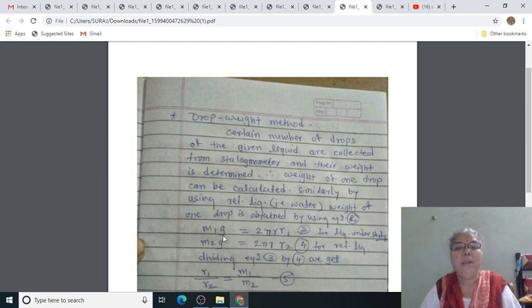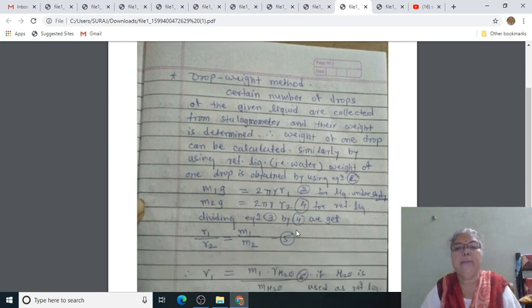That means m1 into g is equal to 2 pi r into gamma 1 for the liquid under study. From equation number 2, for the liquid under study, we can write m1 g equal to 2 pi r gamma 1. Let this be our equation number 3. And for the reference liquid, we can write m2 g equal to 2 pi r gamma 2.